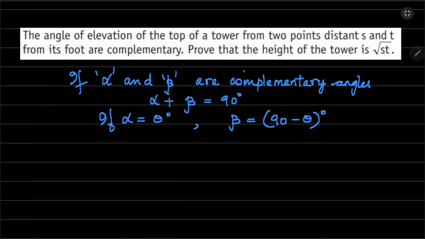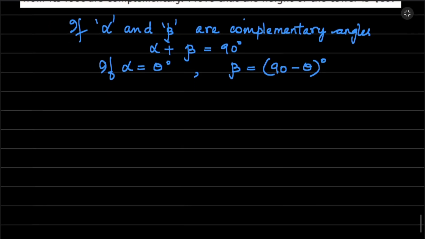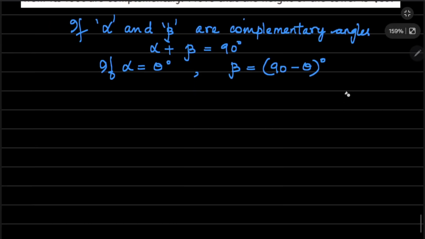Okay, now let us draw the diagram. The angle of elevation of the top of the tower from 2 points S and T from its foot are complementary, right? So let's draw the tower first of all. Let this be the tower and let these be the 2 points on the ground, right?